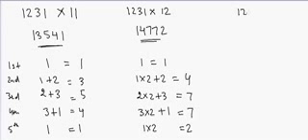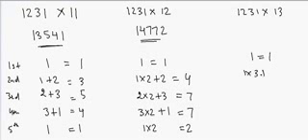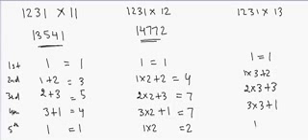Again, if I have to multiply by 13, then the answer will be equal to 1 into 3 plus 2, 2 into 3 plus 3, 3 into 3 plus 1, and 1 into 3. So that will give me 3 plus 2 is equal to 5, 3 into 2 is 6 plus 3 is 9, and if you look here, it will be 3 into 3 is 9 plus 1 is 10.